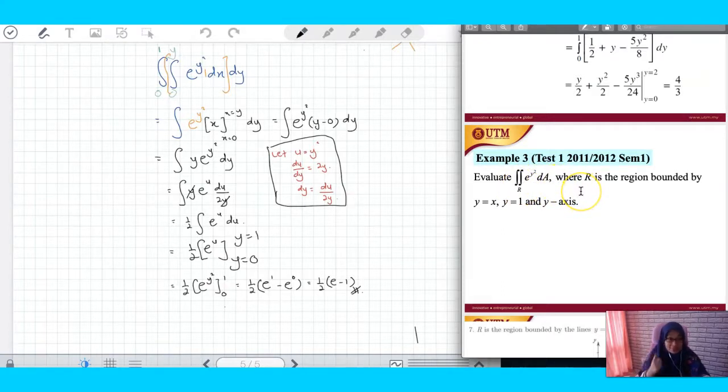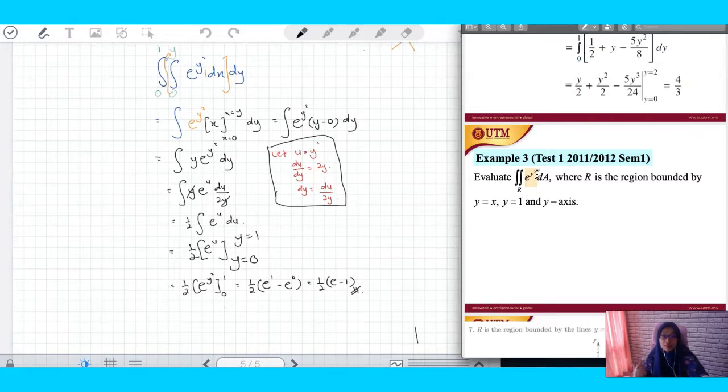So the first step is to sketch the region first, and after that you have to determine the limit. You have to look at the integrand, and then ask yourself, is it okay for me to integrate first with respect to x, or maybe it becomes complicated, and so on.